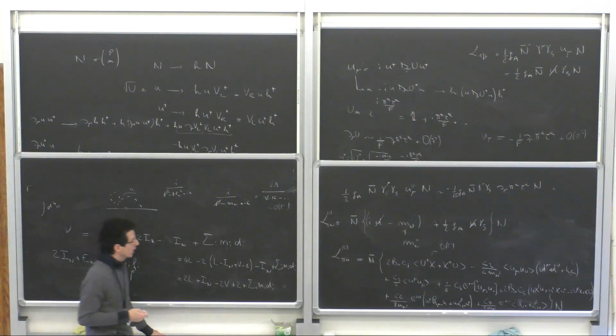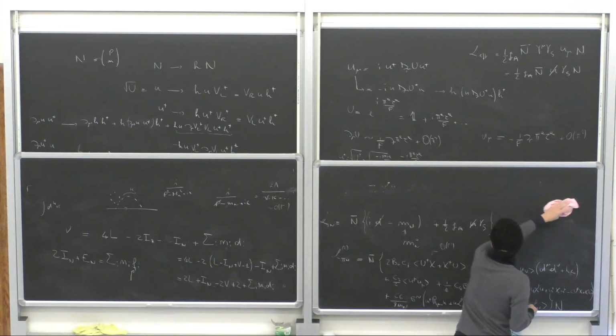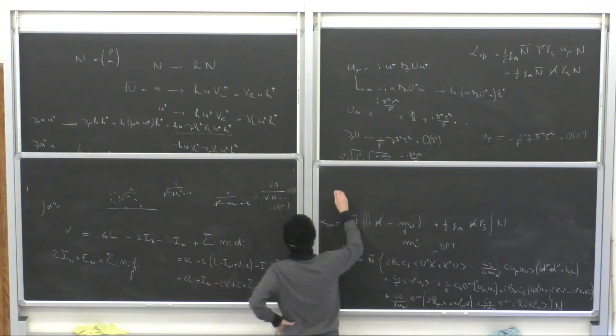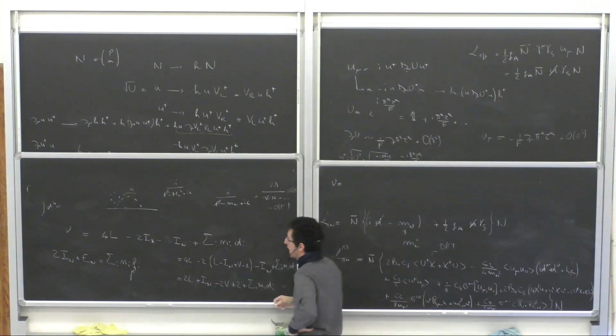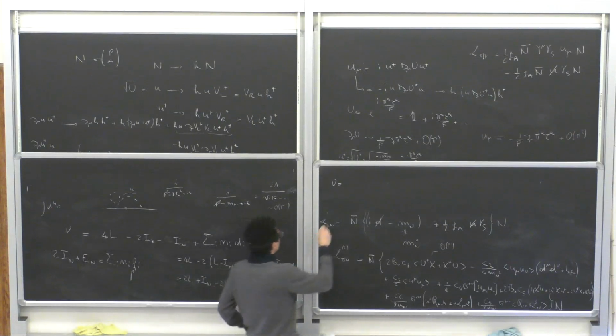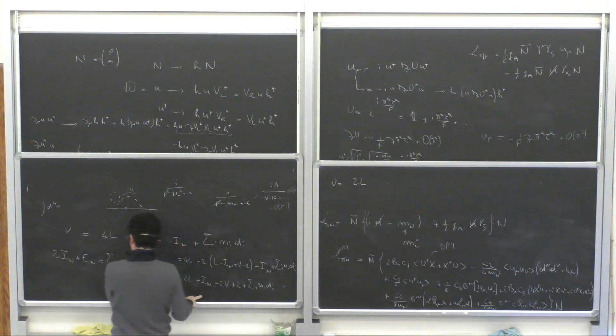So we can combine this information to discover that the generic diagram will scale with soft momenta like twice the number of loops plus IN.